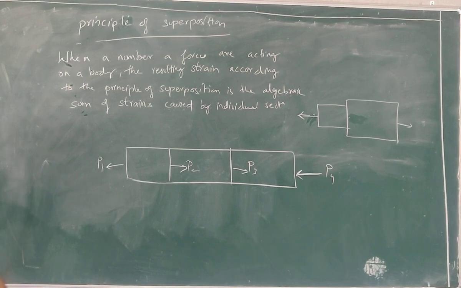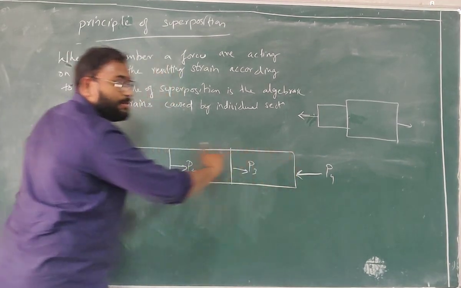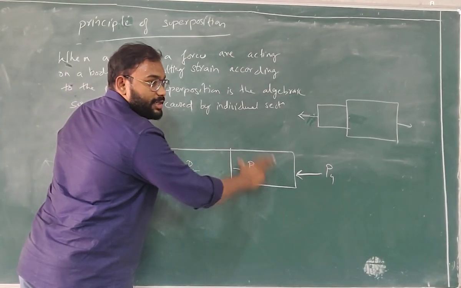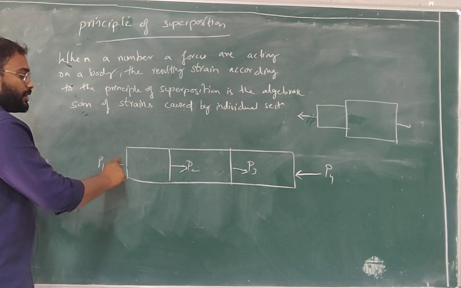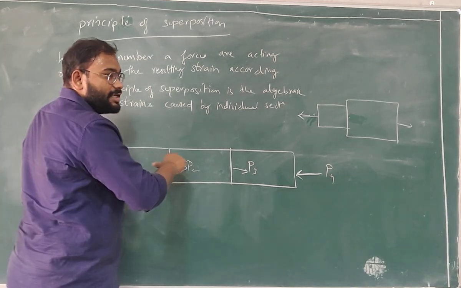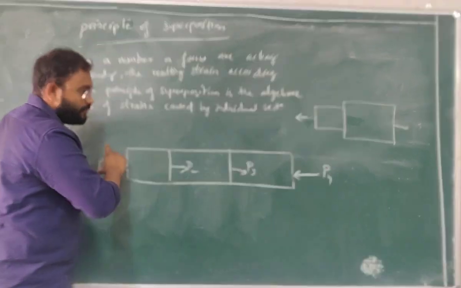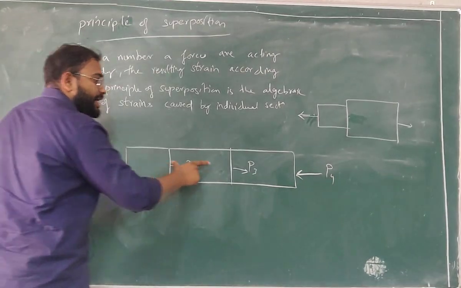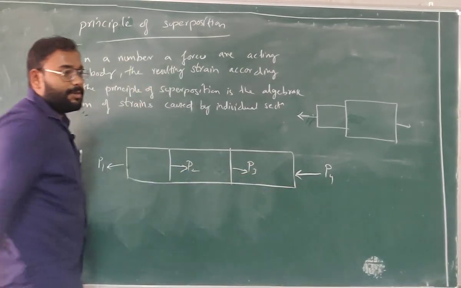What the principle of superposition says is the strain of the complete member will be the algebraic sum of the strain of the individual components. If I want to calculate the elongation or contraction of this complete body, I need to calculate the strains of the individual components and add them simply.